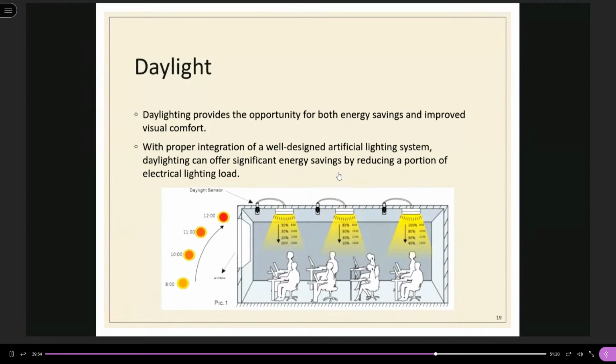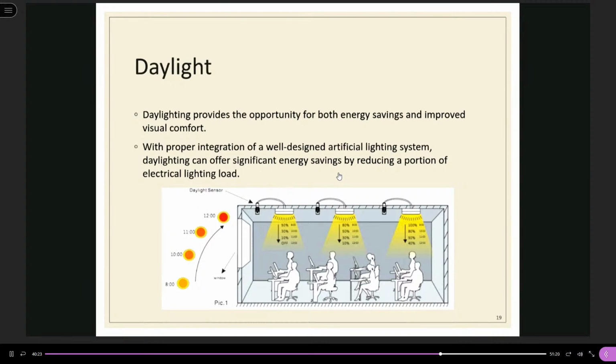By utilizing daylight, we can save electrical lighting. We can dim the electrical lighting, or we can switch off the electrical lighting. And apart from the advantage of energy saving, another advantage of daylighting is visual comfort.